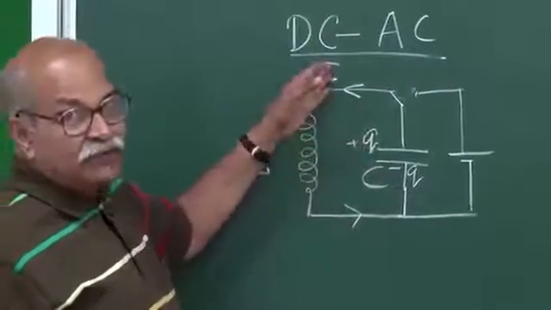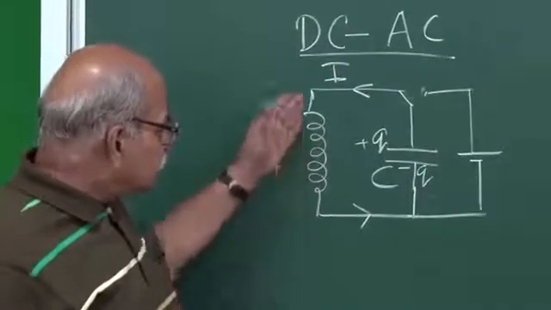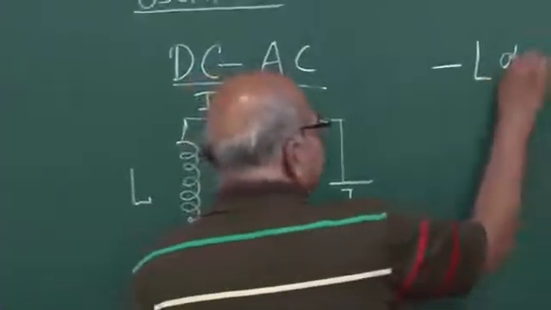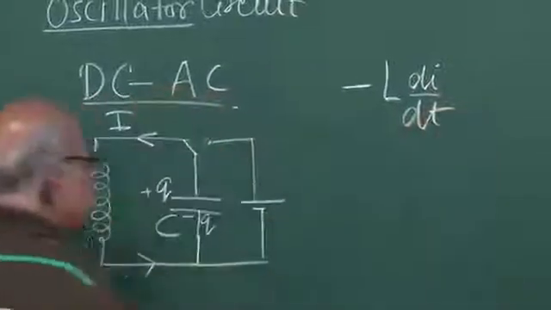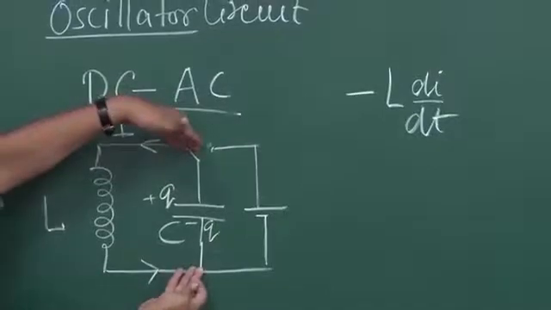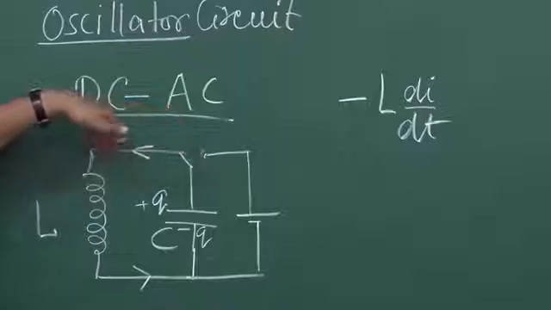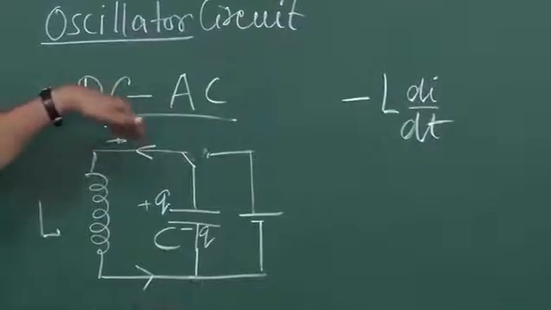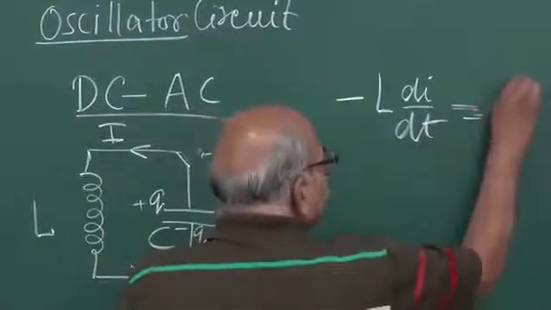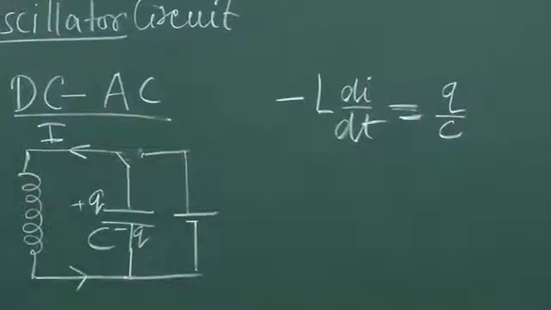So the current is also time dependent, and hence you have a back EMF in this inductor, and that back EMF is minus L di/dt. So that's the kind of voltage that appears here, and the voltage that appears on the capacitor will be Q by C, and since these two points are the same, minus L di/dt should be equal to Q by C. And from here you can work out how this current will change in time.